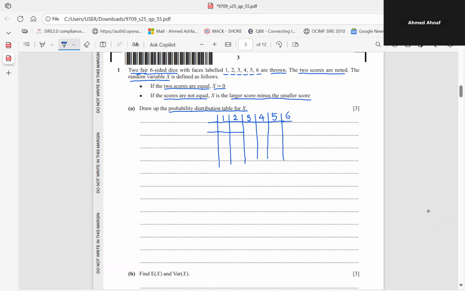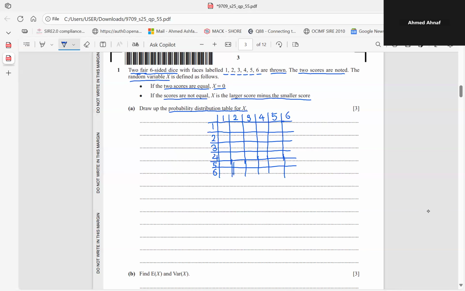And this column would be the faces of the second die. Okay, now we're going to take the difference of the two numbers.